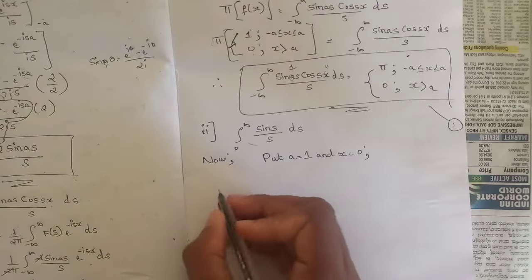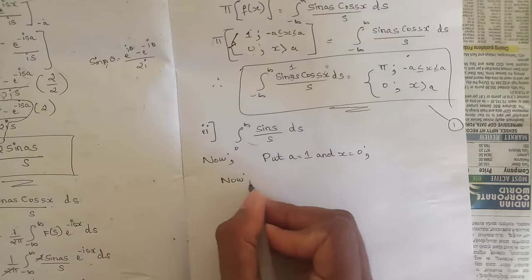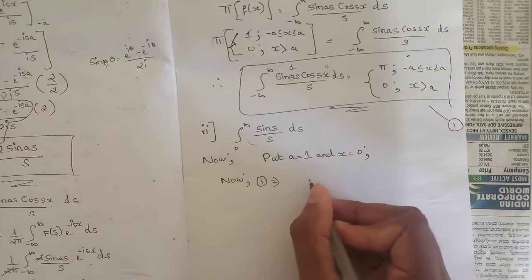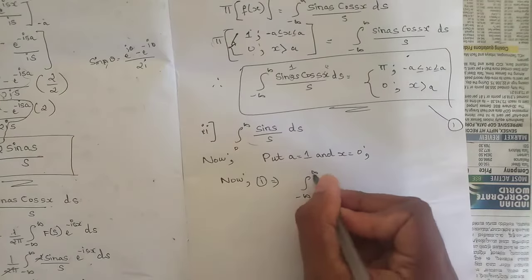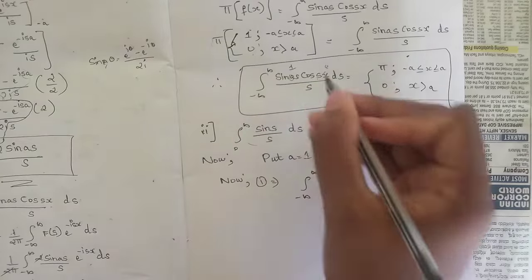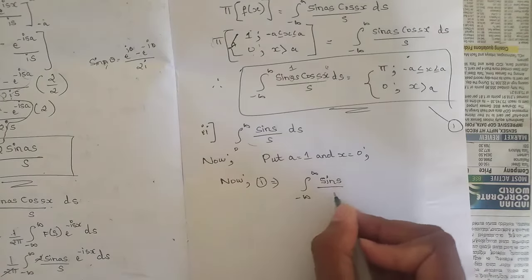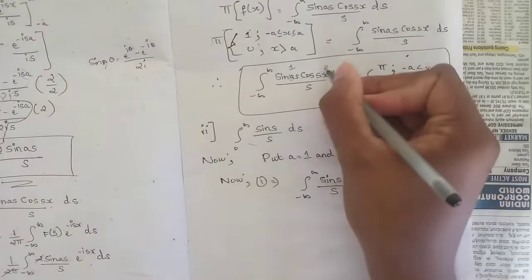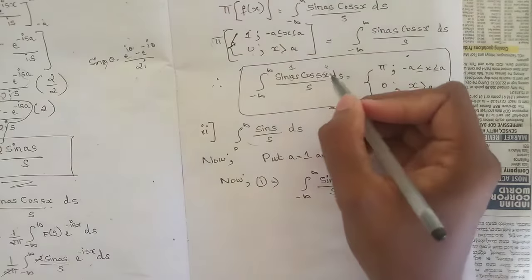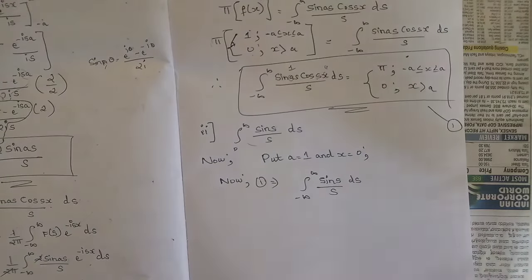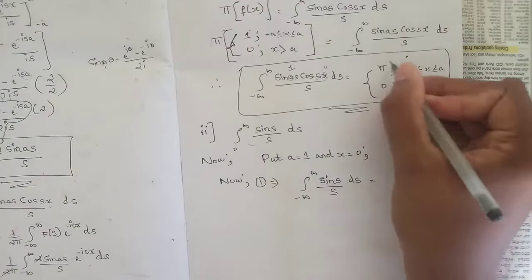Now this equation would look like this: the integral from minus infinity to infinity, with a as 1, of sin s by s into ds. Since x is 0, the other term would get cancelled, is equal to pi.